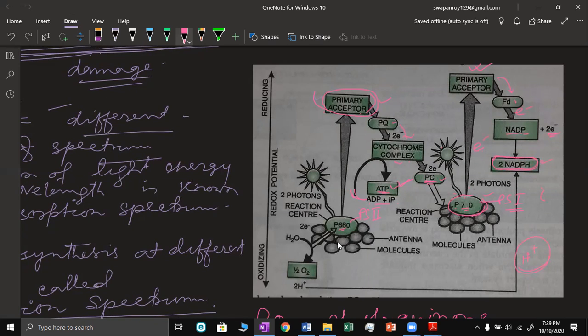Here the electron moving from here, passing from here, is going to the PS1 and ultimately to NADP.